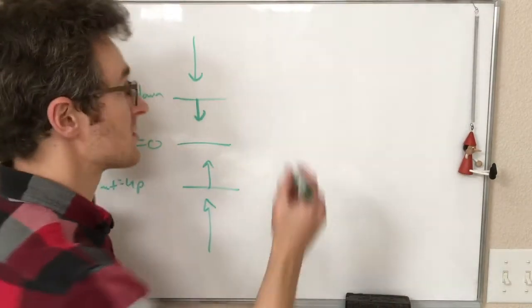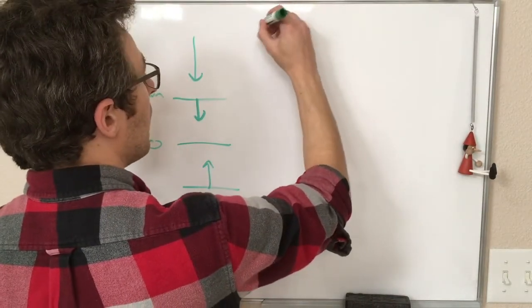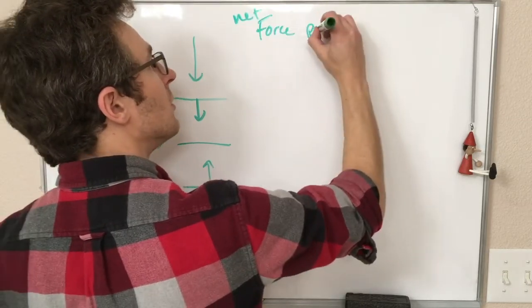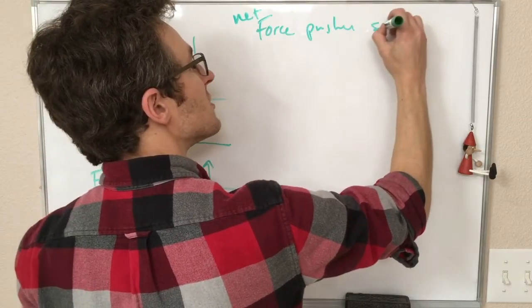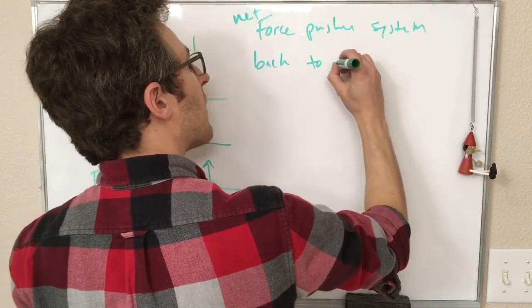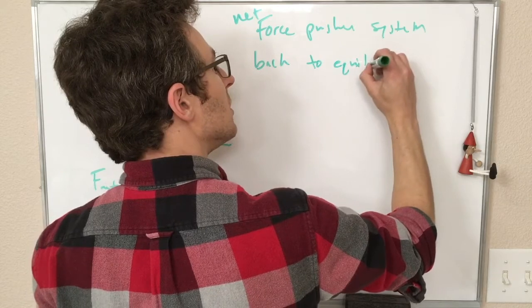Okay, so the takeaway from all of that is that in this system, as well as many others, as we'll talk about in a second, our net force pushes the system back to equilibrium.